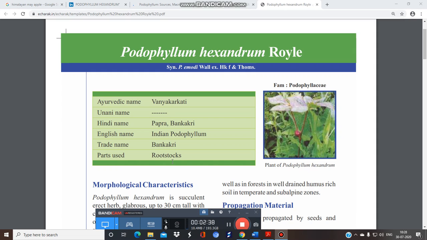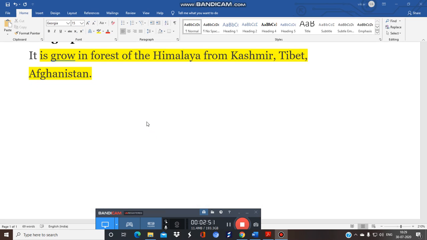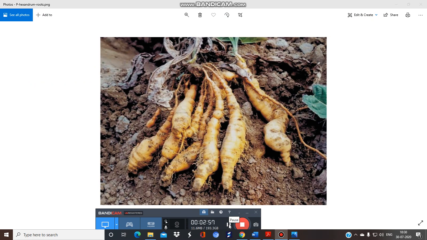So podophyllum consists of the dried rhizomes and roots of Podophyllum hexandrum belonging to the family Berberidaceae. This is Indian Podophyllum. It is found in forests of the Himalayas from Kashmir to Tibet and Afghanistan.